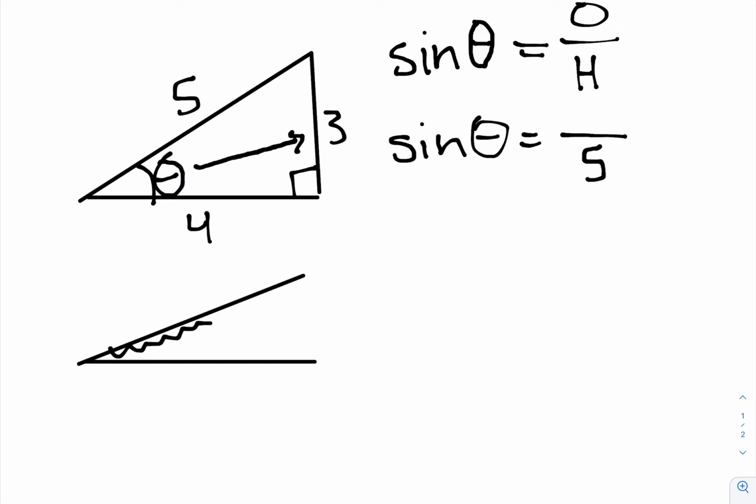So if we drew teeth in here, and this was our angle right in here, imagine a stick that the alligator's chewing on. That's 3 meters or 3 centimeters, whatever long. This is what the alligator's chewing. So the angle is the angle between its jaws, and if you go straight out, that's the opposite side. That's the side that the alligator's chewing.